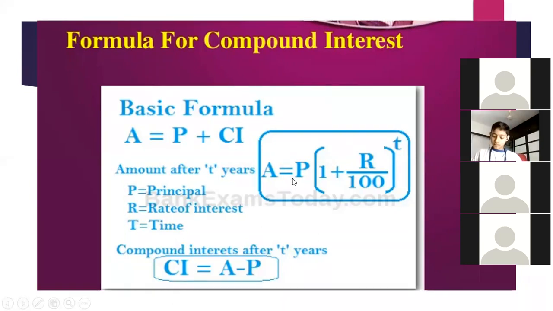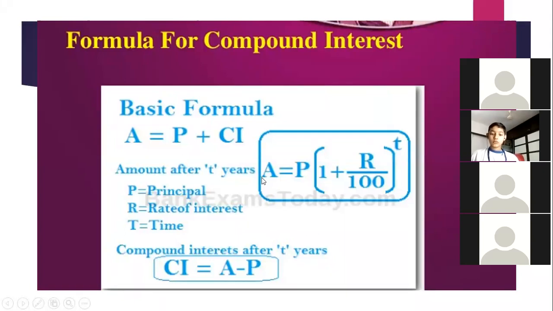So this is unlike our simple interest formula where SI was P into T into R. We were directly calculating the interest. Here with this formula, we are not calculating the interest. We are calculating amount, the final amount which we are going to pay along with principal and the compound interest together.